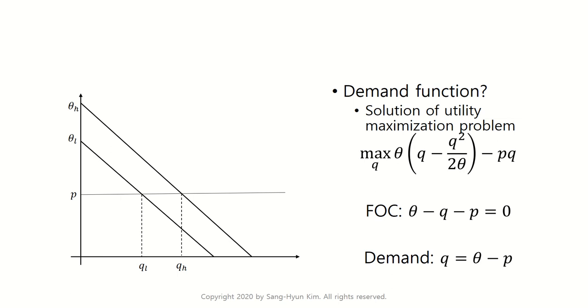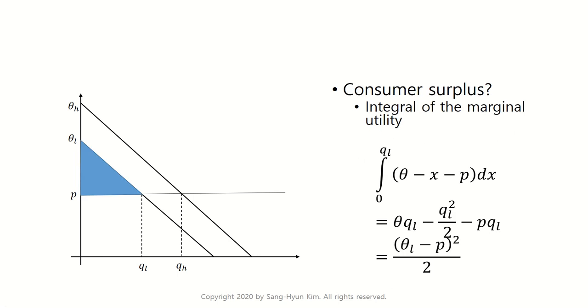This is the marginal utility of this consumer for given price and given quantity, and you integrate this marginal utility over q from 0 to qL. Then you get the consumer surplus.